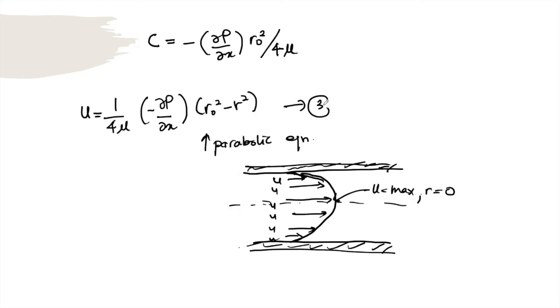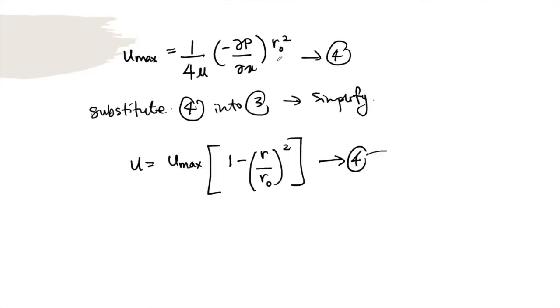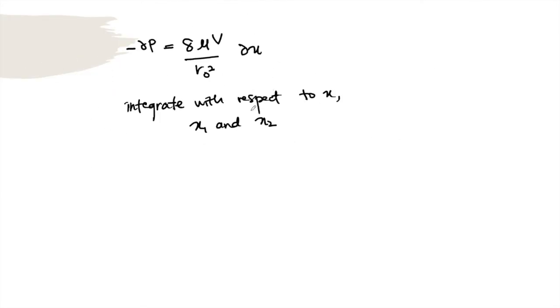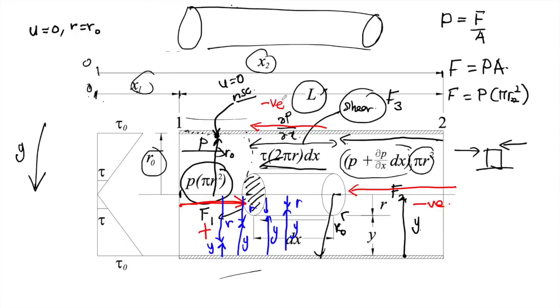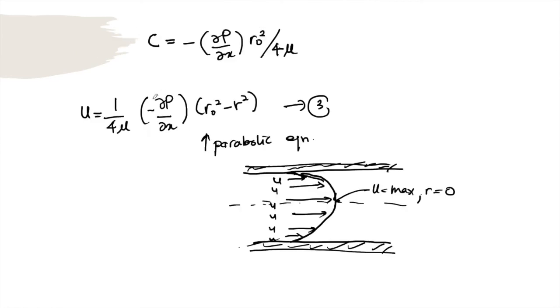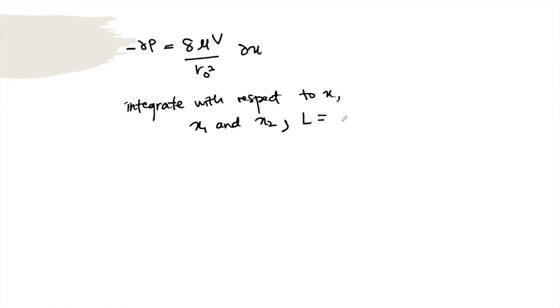So we will integrate this equation from x1 to x2, and then L, as I mentioned before: to get L we subtract x1 from x2, so you get the length of the pipe. So the length of the pipe is x2 minus x1. So we integrate this equation.